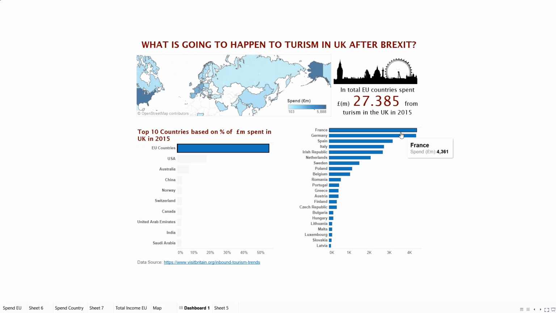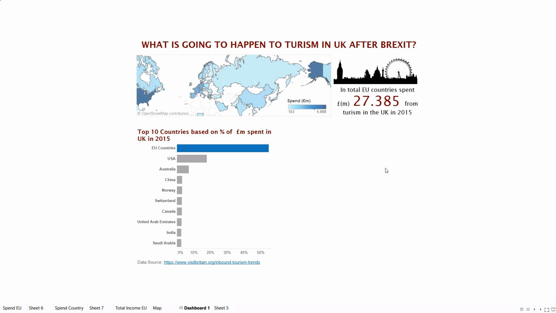So France, top of the list, followed by Germany, Spain, all the way down to Latvia. I have to say this data set deals with the top 50 countries, so it doesn't account for all the countries whose population visits the UK. It's just the top 50 contributing to tourism in the UK.